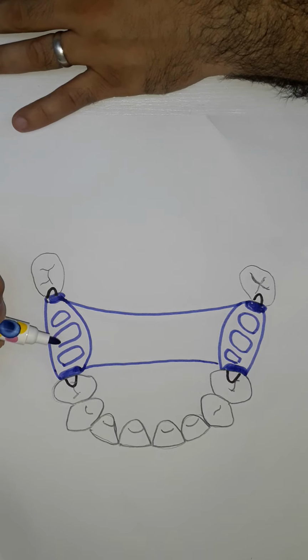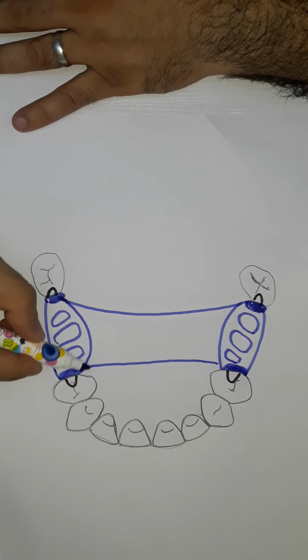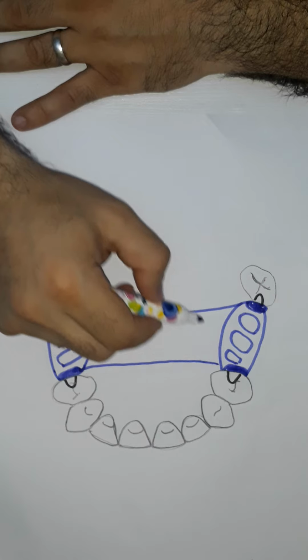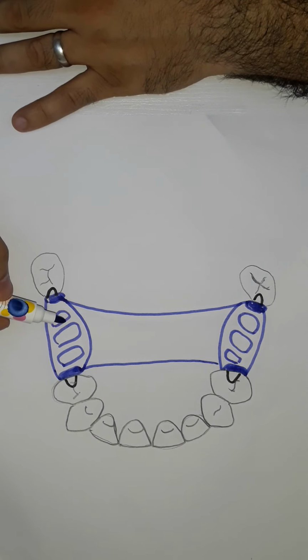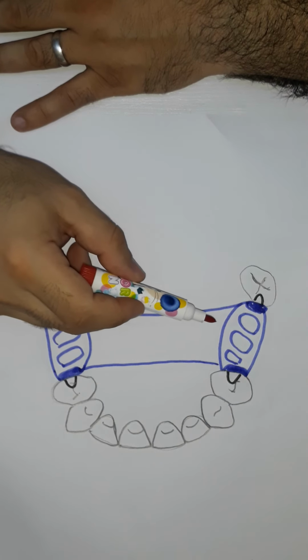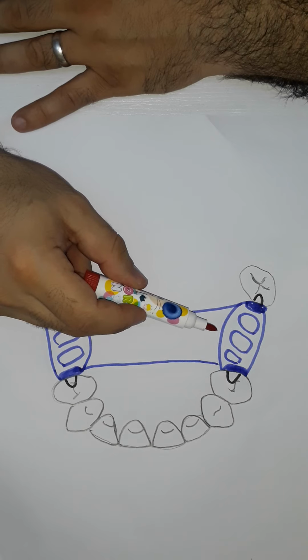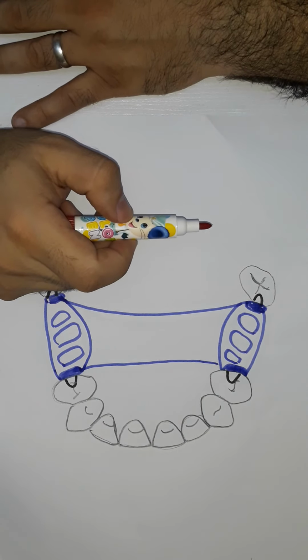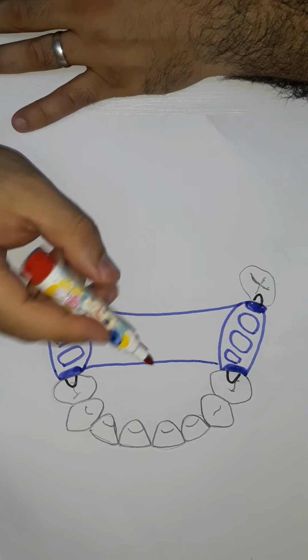Please pay attention to the line that connects the gridwork with the major connector, which is called the finishing line. This represents a dam that keeps the acrylic away from the major connector, and we draw it with red color.